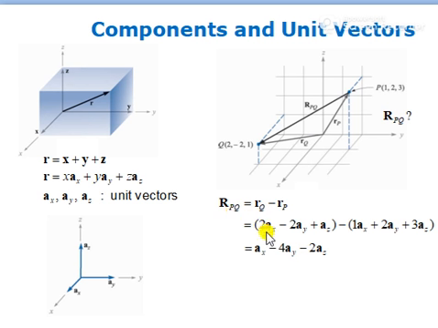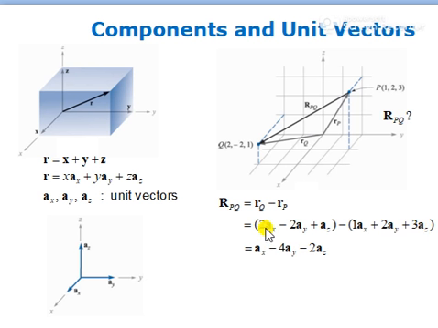So how to calculate rq? Components means whatever the q point is having, these are called components. So here x, y, z are already shown. These are the components. Now you have to just put those points. x is 2, so it is 2 ax, y is minus 2, so it is minus 2 ay, plus z is 1, hence it is just az, minus 1 ax because p point is 1, y is 2, so 2 ay, plus 3 az, this is 3.